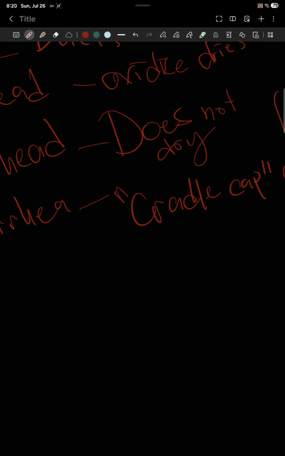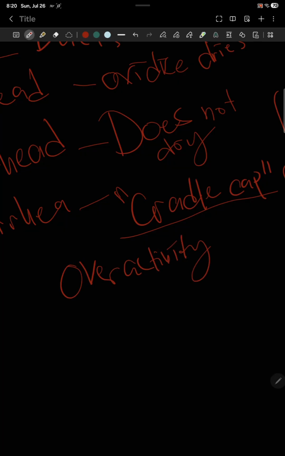So nagkaing ani ang infant nasa like cradle cap or seborrhea kay tungod grabe kayo ang iyahang oil, overactivity of our sebaceous glands.